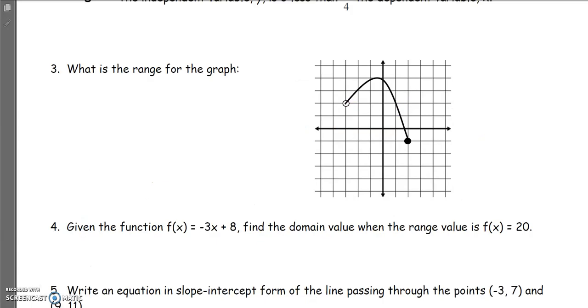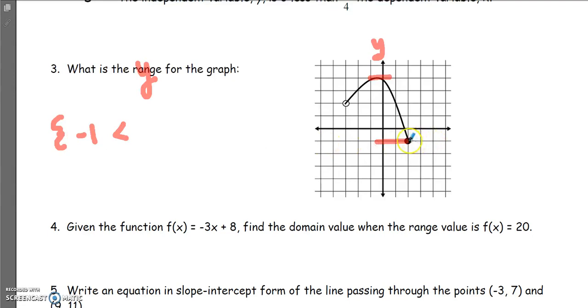Number 3 says, what is the range for the graph? Range is our y values, so I need to be looking at the y-axis. My lowest y value is here, my highest y value is here. It is a continuous graph, so we will list our lowest y value first, and our lowest y value is -1.